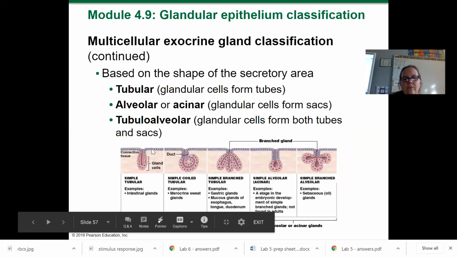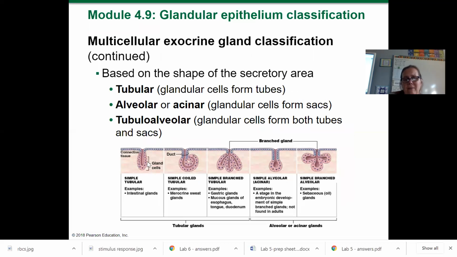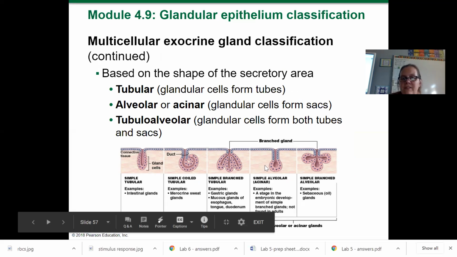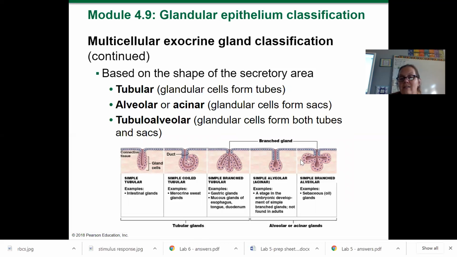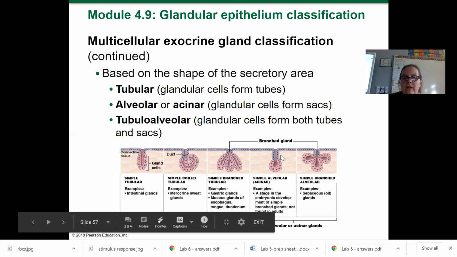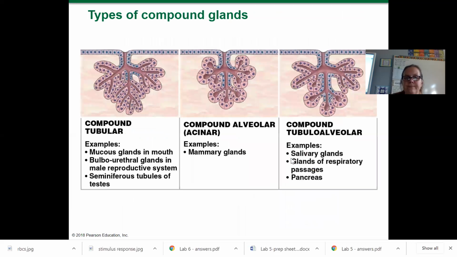And then the tubular forms a tube, the glands. That's the easiest way to put it. Alveolar have this sac, and tubular alveolar have the sacs at the end of the tubes. So it's kind of a combination.